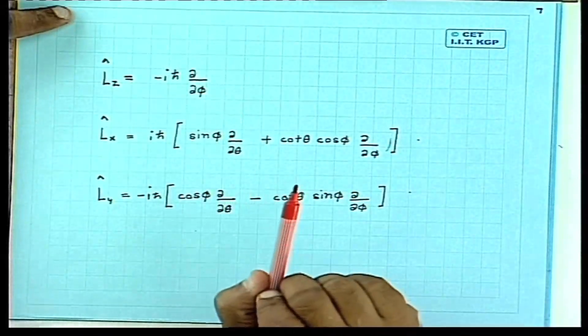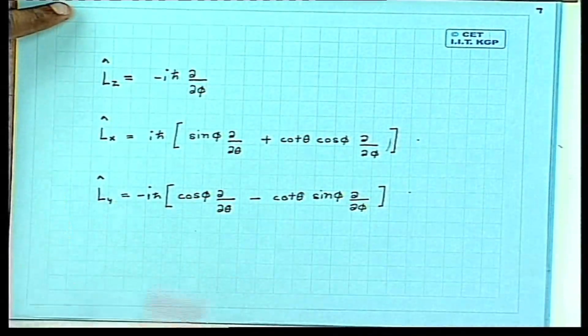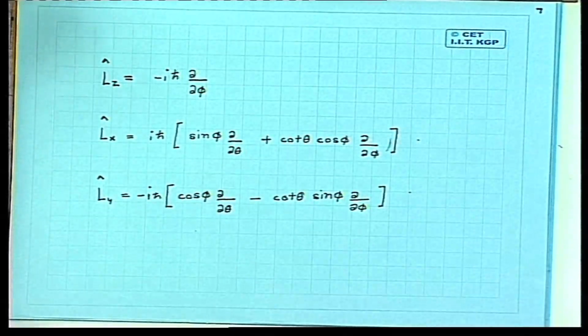In the last class, we were working out the various components of the angular momentum in a spherical polar coordinate system, and I had explicitly worked out what Lz was, and Lz turned out to be minus i h cross del by del phi. I had asked you to also work out what Lx and Ly are in a spherical polar coordinate system.